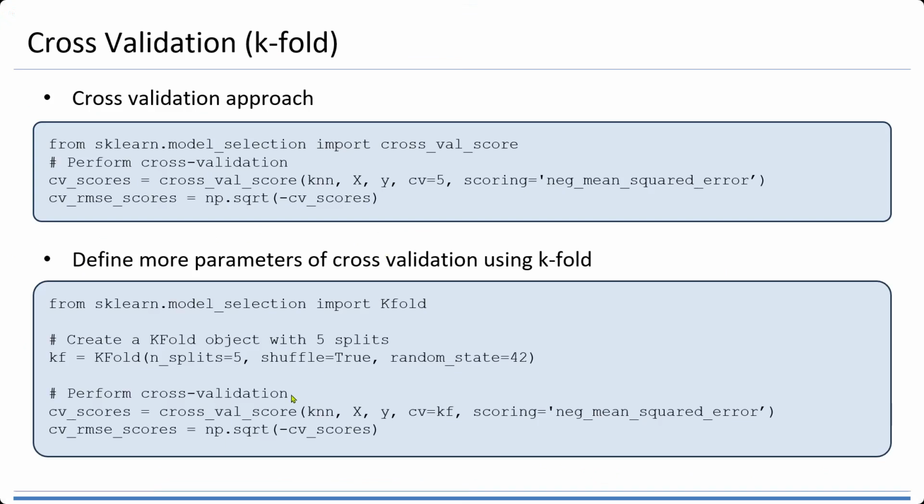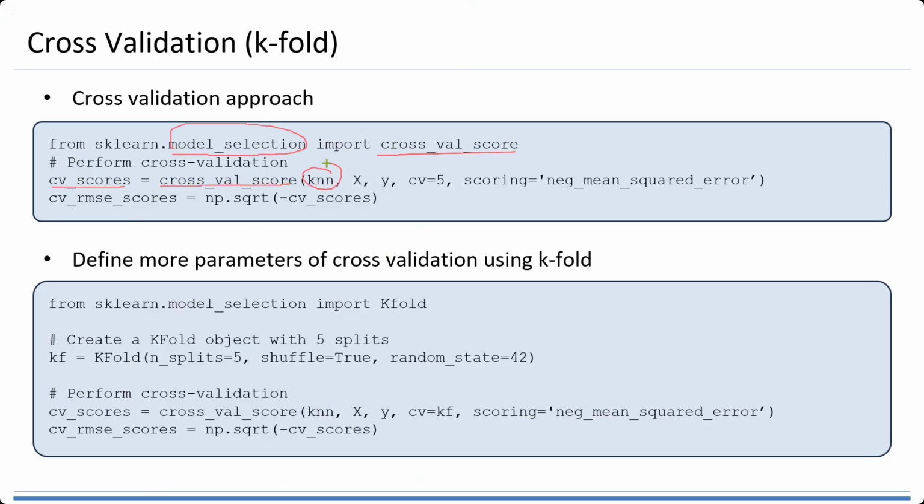So for the cross-validation, we can specify it with one of the functions in sklearn. We use model selection, and we can calculate the score using cross_val_score. The CV score, we can get the cross-validation score.